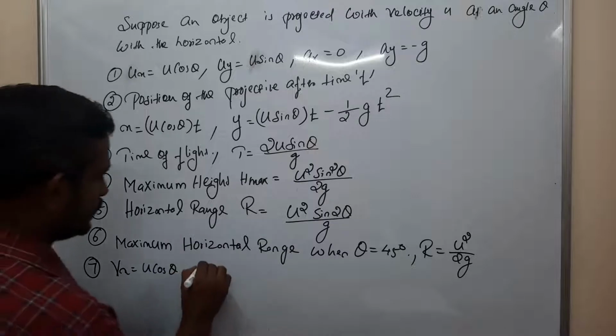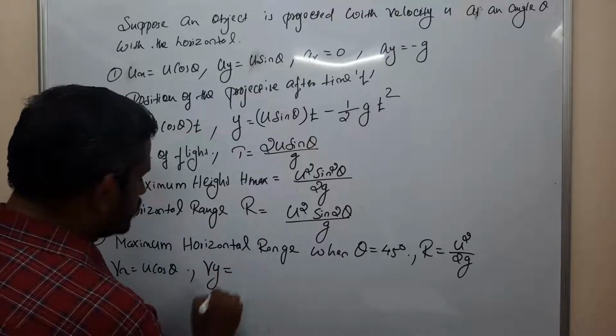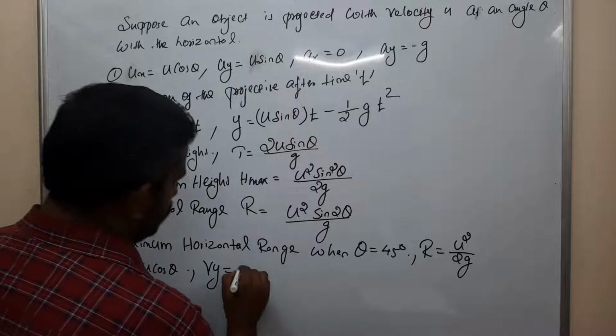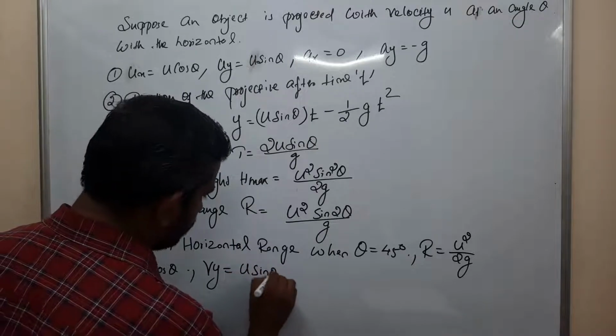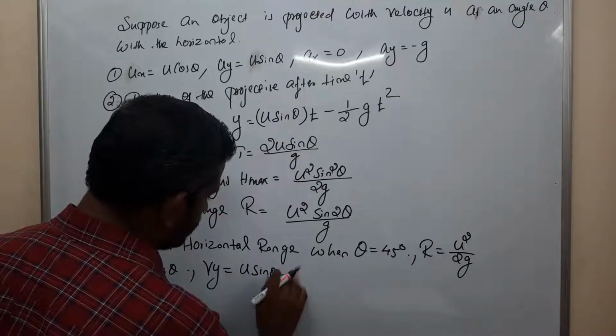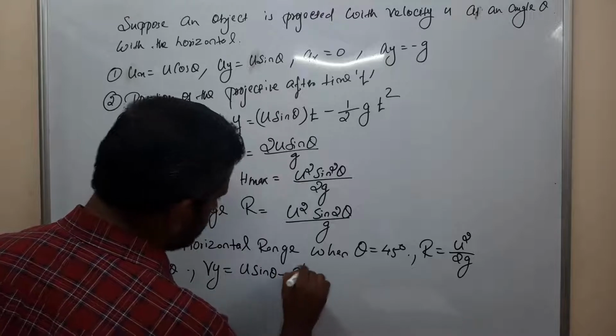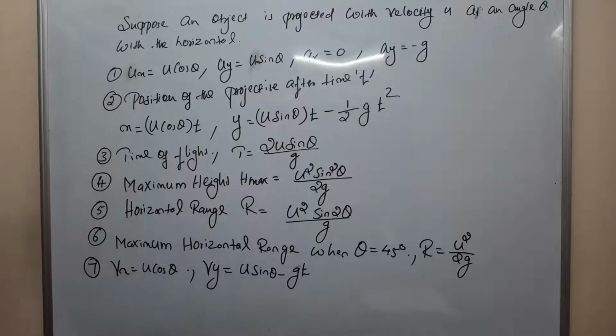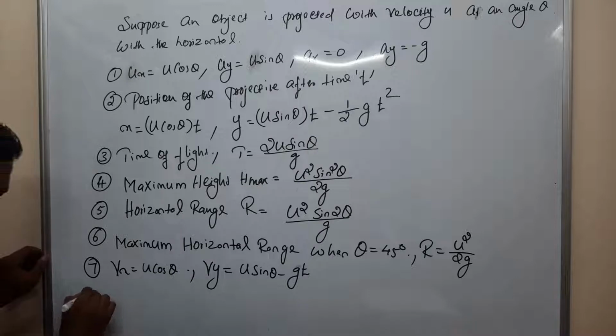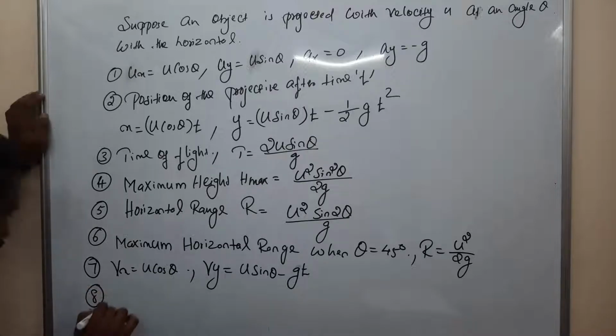Velocity in the y direction, Vy is equal to u sin theta minus gt.